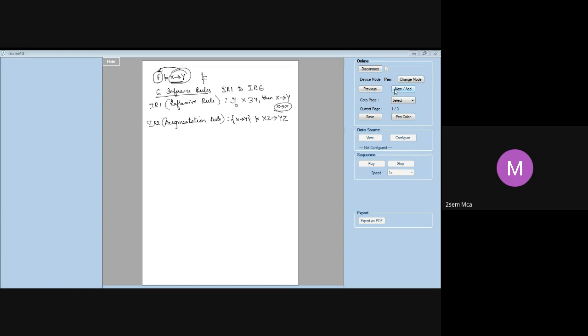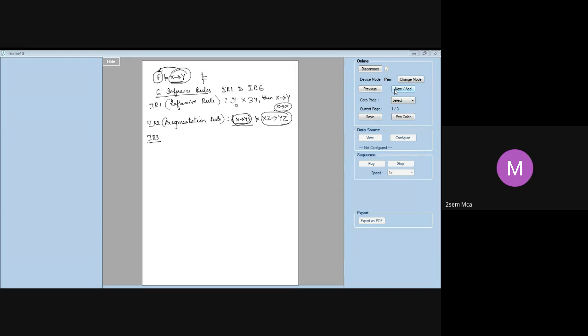We are given X determines Y, and we infer XZ determines YZ. Augment means you are trying to add something. So if I add the same set of attributes to both the left side and right side of the given functional dependency, I get a new dependency, XZ implies YZ. So you call it the augmentation rule.